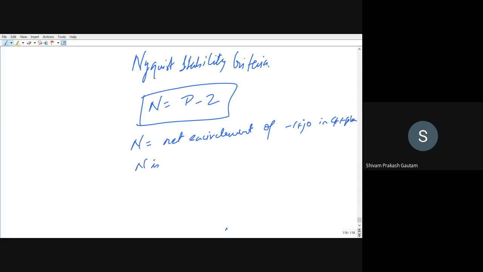N is considered positive if the encirclement is in the anti-clockwise direction, and negative if the encirclement is in the clockwise direction.